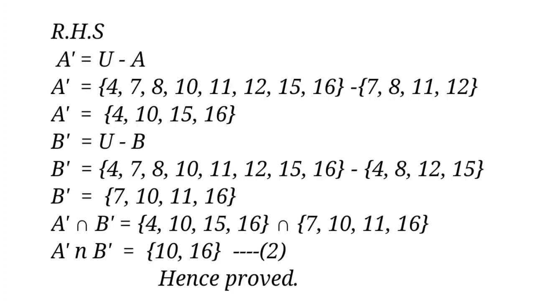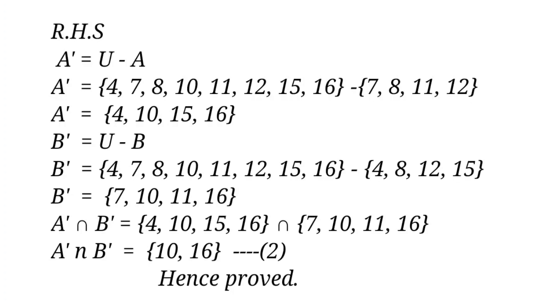Then A' intersection B' is equal to {4, 10, 15, 16} intersection {7, 10, 11, 16}. Find out the common elements.